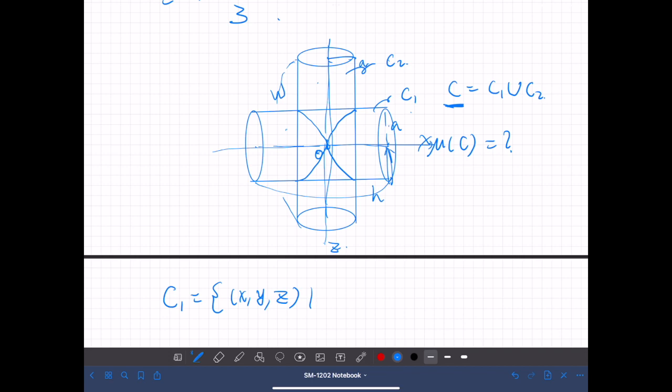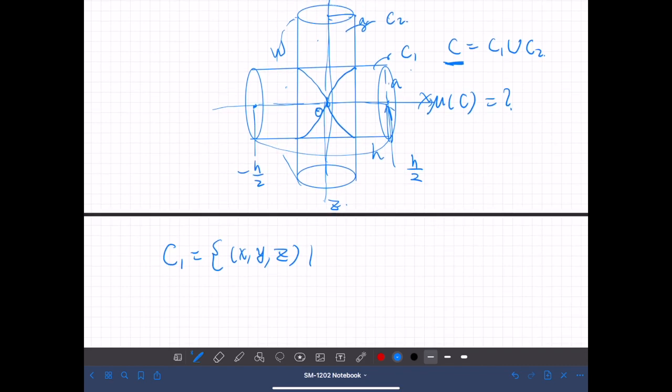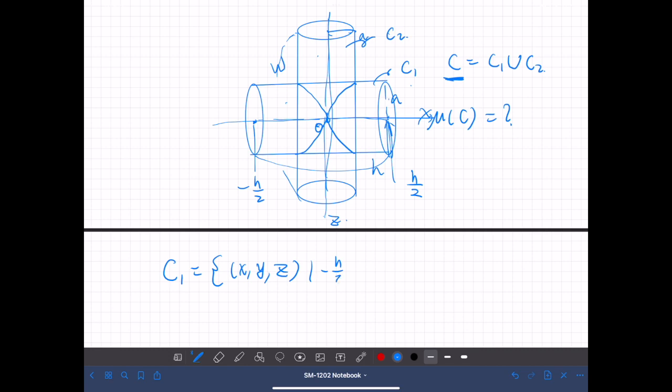So this point on the x-axis would be h half, and this point will be negative h half. For y and z, we have a circle.